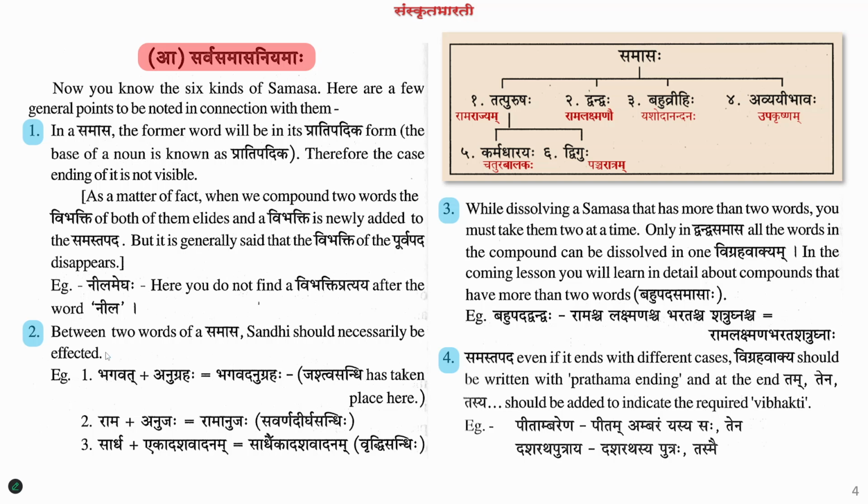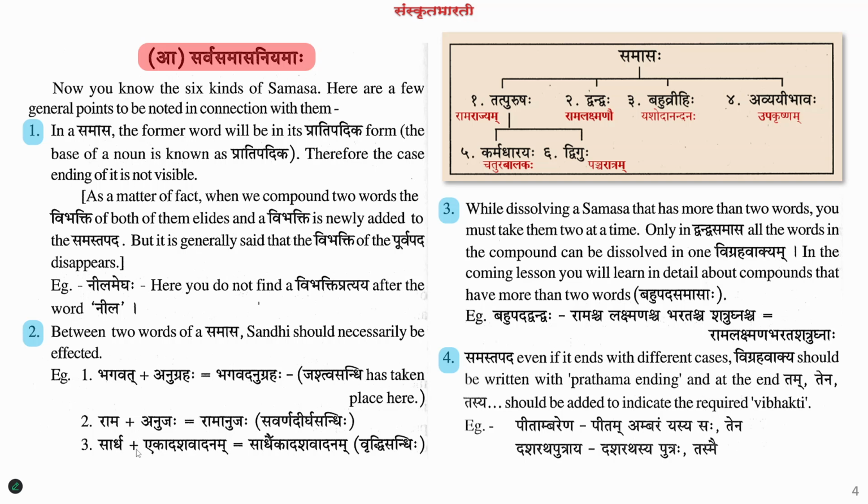Okay. Sardha ekadasha vadanam, Sardhaika ekadasha vadanam. Again, sa ardha, sardha is a pratipadika there. So if you wanted to separate it, then you have to do vigraha: Sardham ekadasha vadanam, or ardhadikam ekadasha vadanam, something like that.